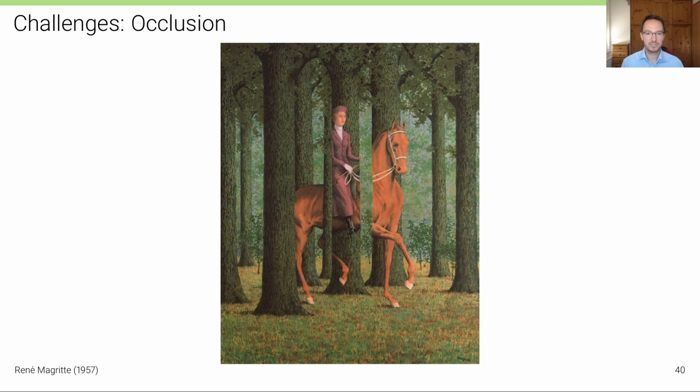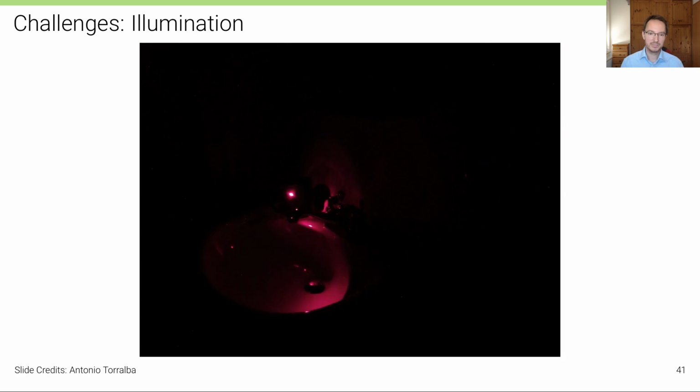Occlusions are another challenge. There are parts occluded, which makes it hard for some of the objects to be recognized. Here's an example of illumination. This is a scene, I've taken the slide also from Antonio Torralba. This is a scene that has been illuminated by a particular light source. Can you recognize what that scene shows?